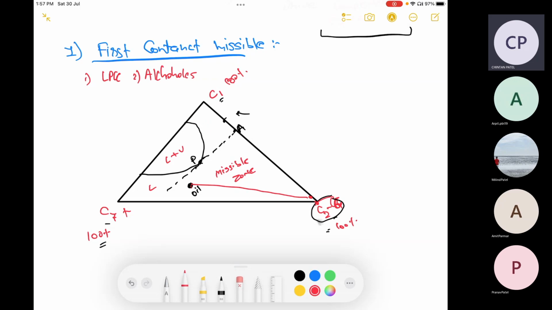But suppose my oil is inside something like this, then it has to go inside that two-phase zone to become miscible, but that is not the case here. So it depends upon oil composition as well as LPG, because we are considering LPG, which is a pure component. So this is the first contact miscible.